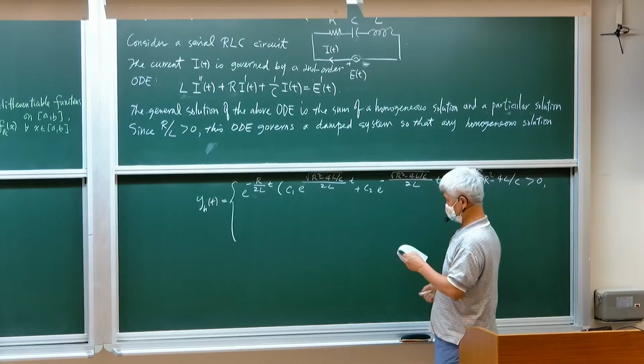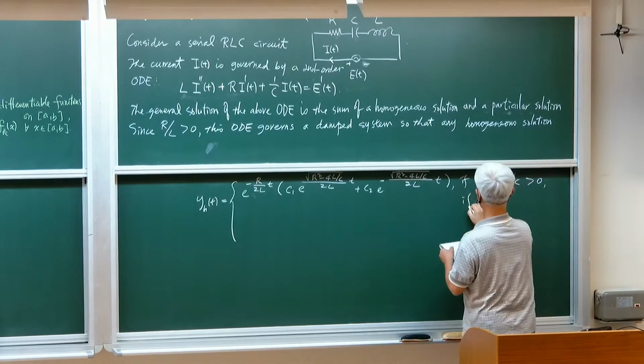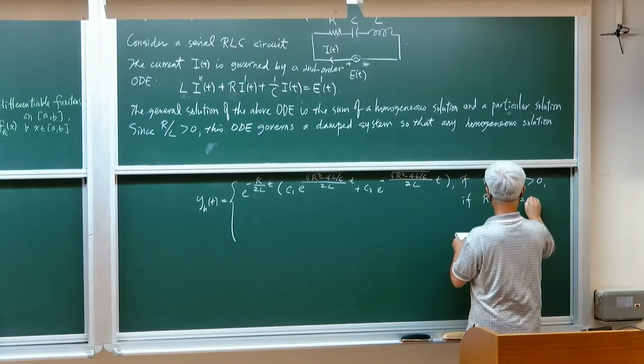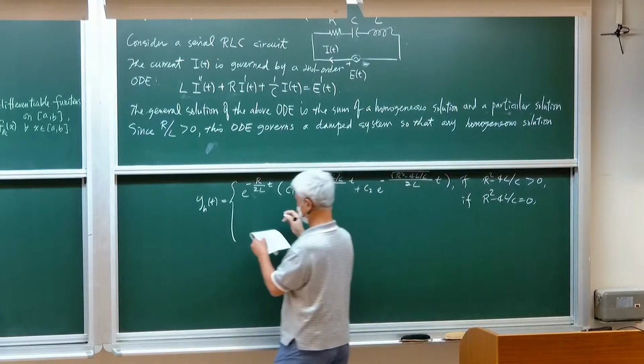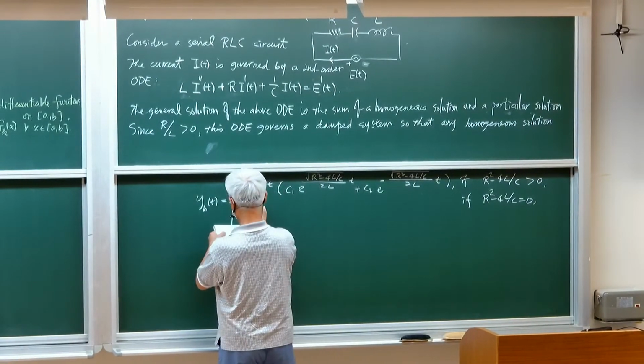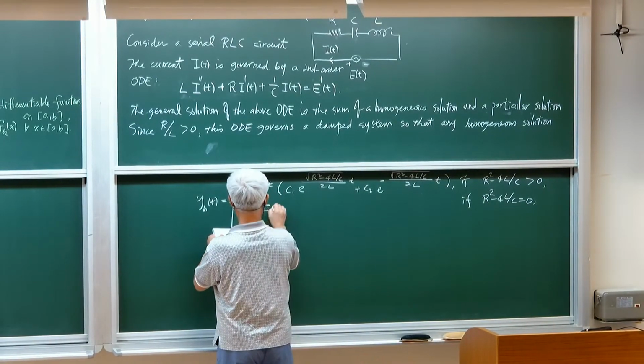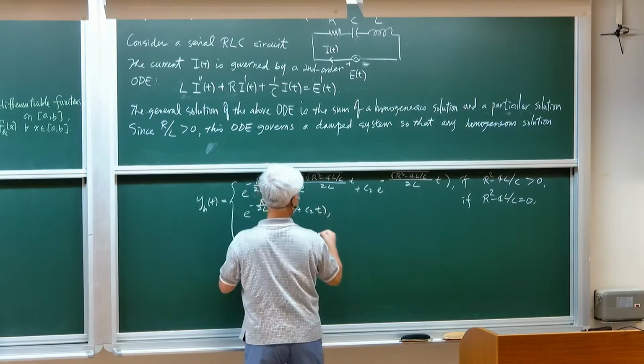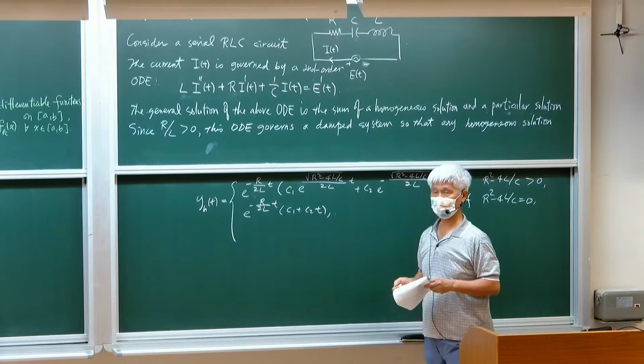But if it is 0, then the homogeneous solution will be an exponential times a linear function. This is the degenerate case.